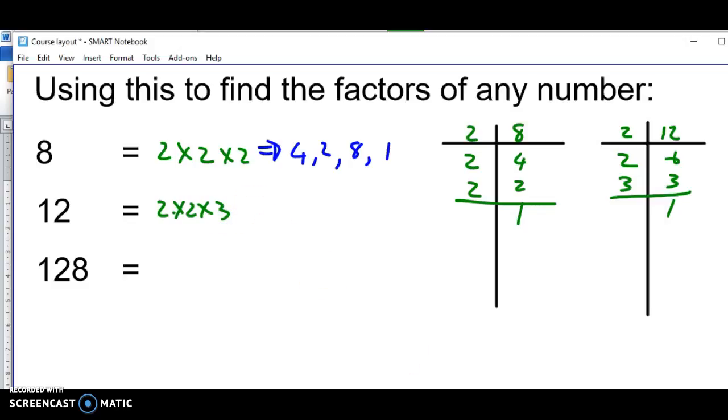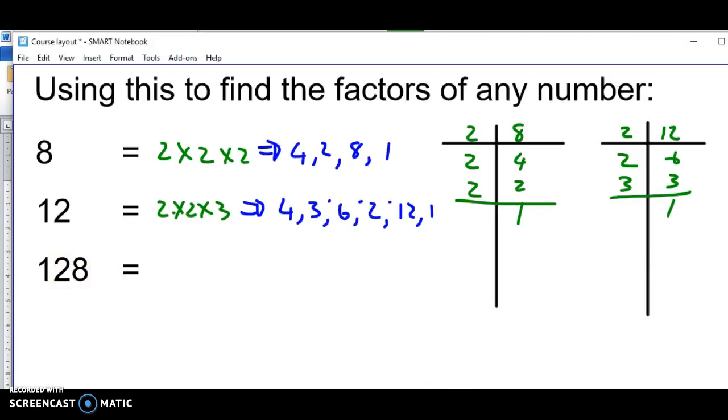So if we want to find the factors of 12, we can say 2 times 2 is 4 and 3. 4 and 3. Or we can say 2 times 3 is 6 and 2. And remember, 2 times 2 times 3 is 12. So it's also 12 and 1. So there we find the factors.